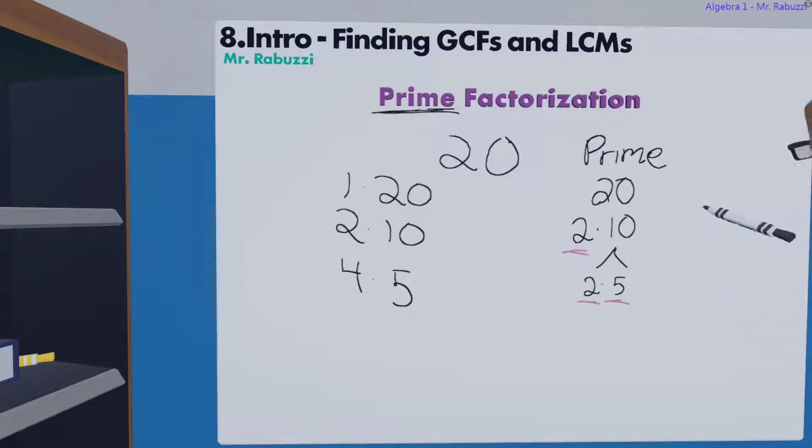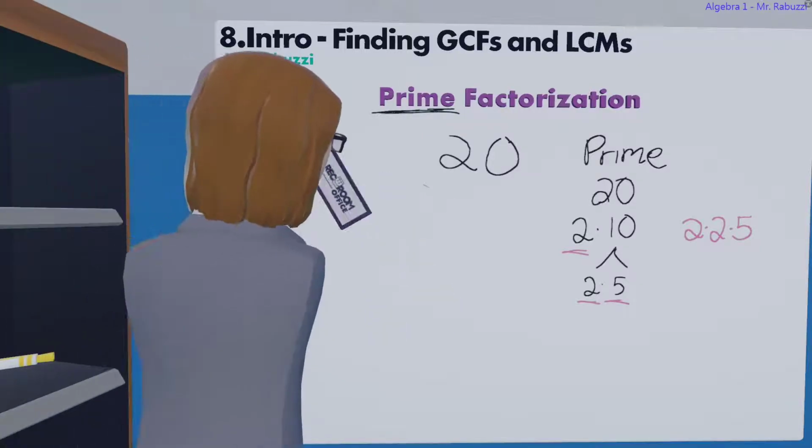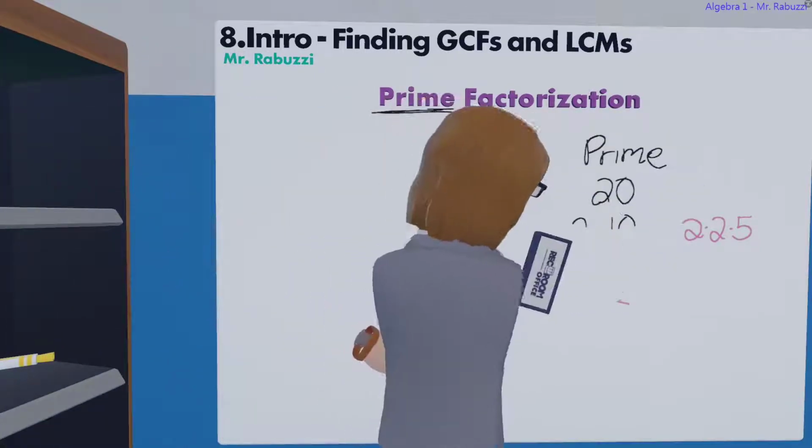So the prime factors for 20 are 2 times 2 times 5. Okay? This works with every number, right? If you start with a prime number, you're finished. But other numbers, you can break them down into prime factors.